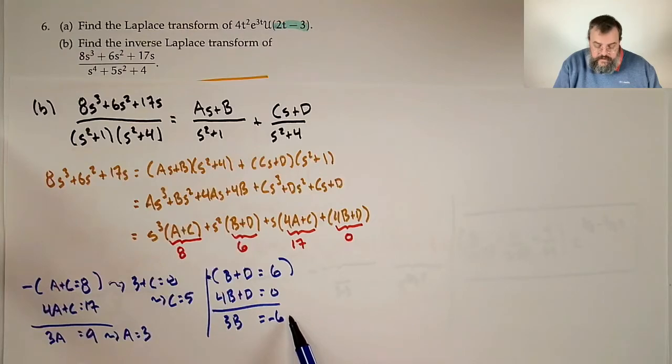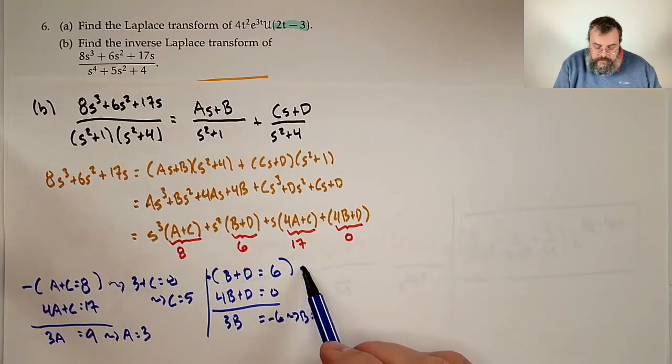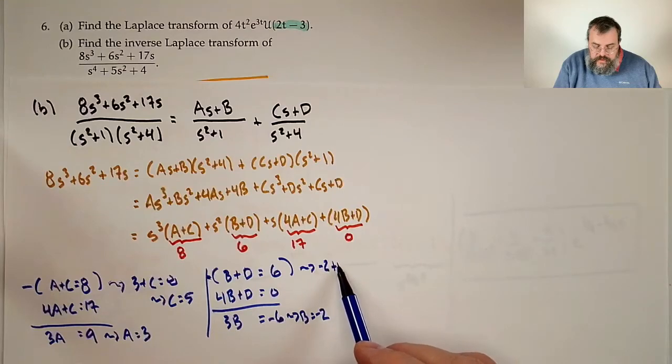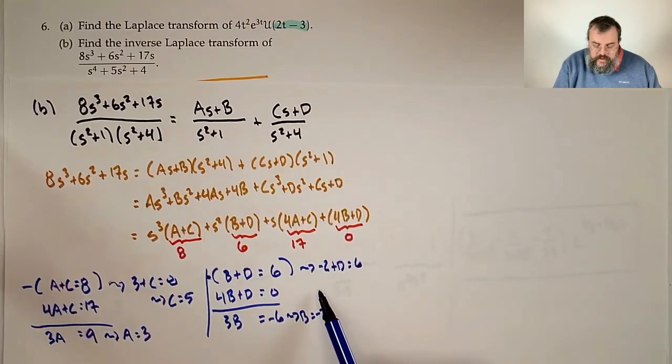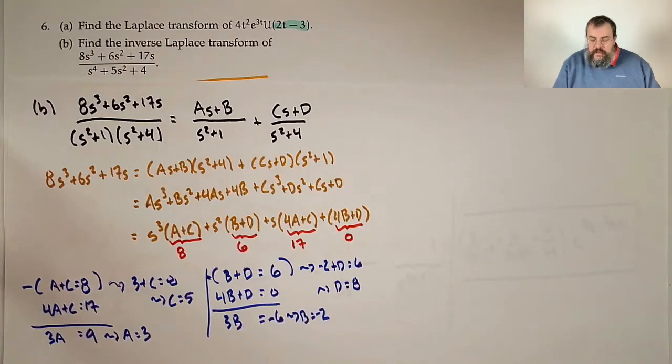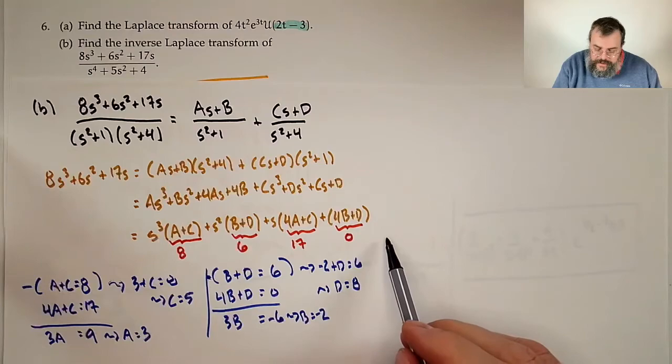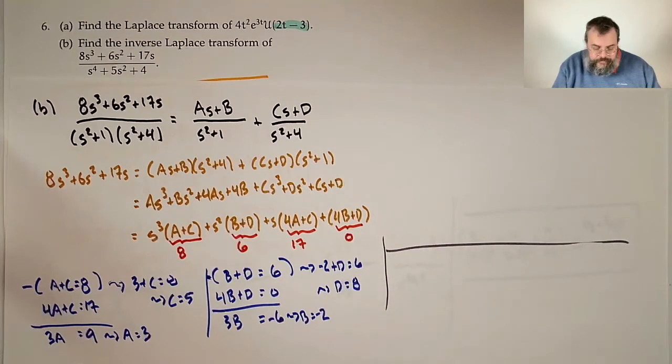Say, oh, okay, well that says, hey, b has to be negative 2. All right, well, if you come up here, negative 2 plus d equals 6. All right, that says d has to equal 8. And now we have b and d. Wonderful. So, we are now to here.